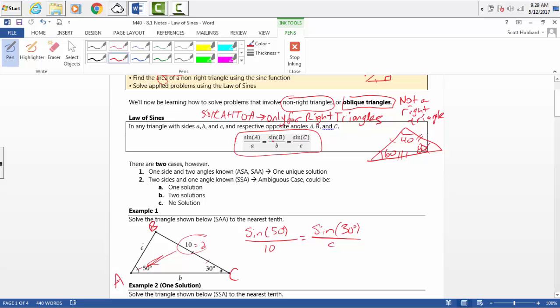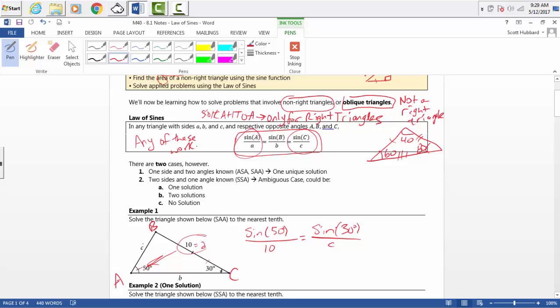Notice here that I did sine A equals sine C. That's what this law is saying: you can use any of these three. So you could say sine A equals sine C, or sine A equals sine B, or sine C equals sine B. It doesn't matter. In this case, I did A equals C.